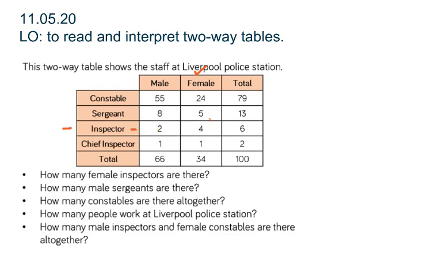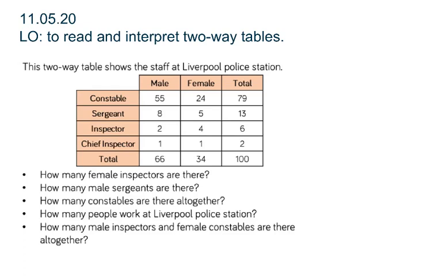It's fairly straightforward, today's lesson, but you do need to be quite careful because there is the two-way element to the table. The second question says, how many male sergeants are there? You look in the male column, and then sergeants, go across, and the answer is 8. Then, how many constables are there altogether?